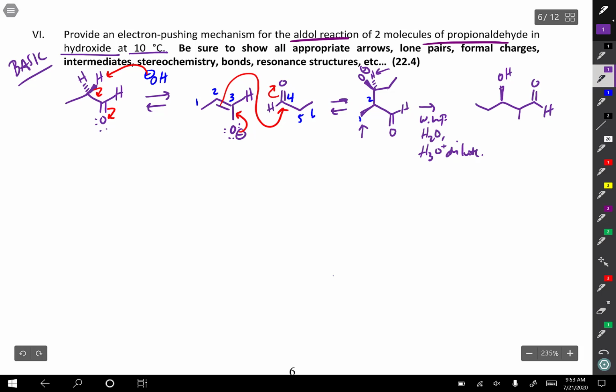And then we can pick either. This is one of them. The other stereocenter could be switched. And then it could be switched the other way. And we still have one more.